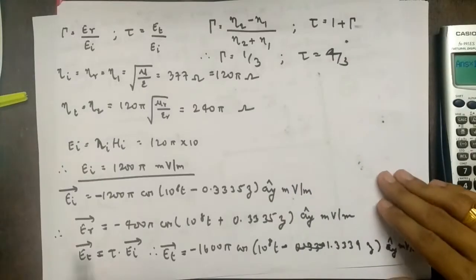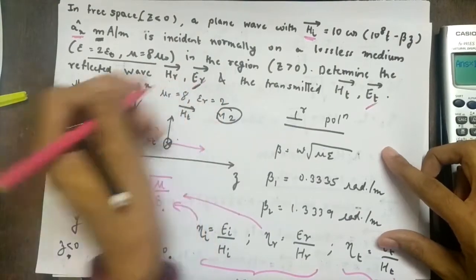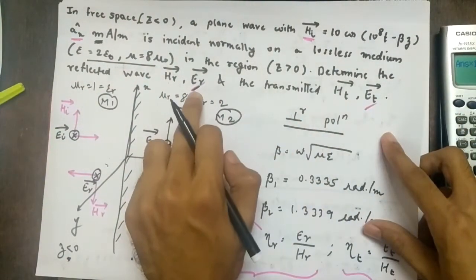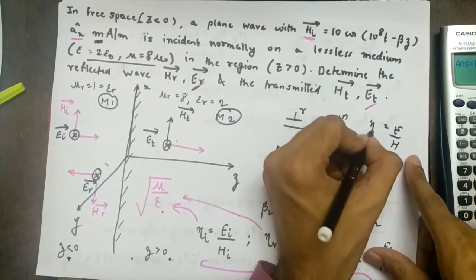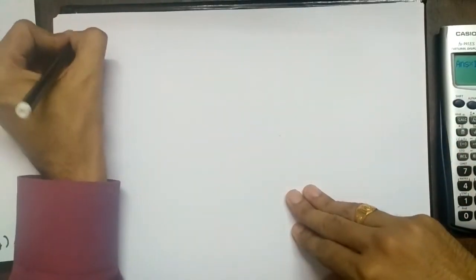So we are done with ET. ER we are done. So HT and HR is remaining. So once you have ET and ER, what you use is just eta is E by H, right? Because you know eta, you know E, so you can find H. So H is E by eta. So first go for HR.